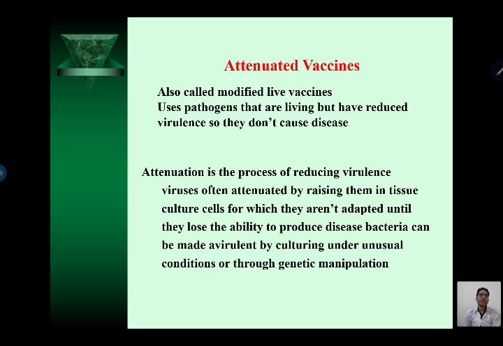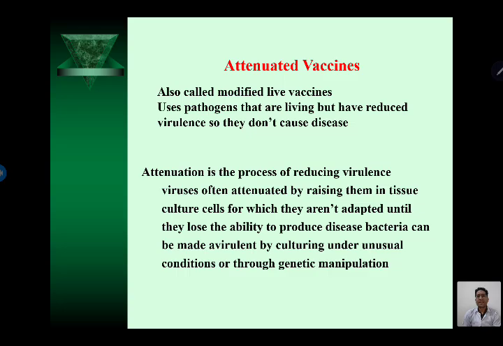In our practical sessions, many vaccines are attenuated. Attenuation is the process of reducing virulence. Viruses are often attenuated by growing them in tissue culture cells to which they are not adapted, until they lose the ability to produce disease.